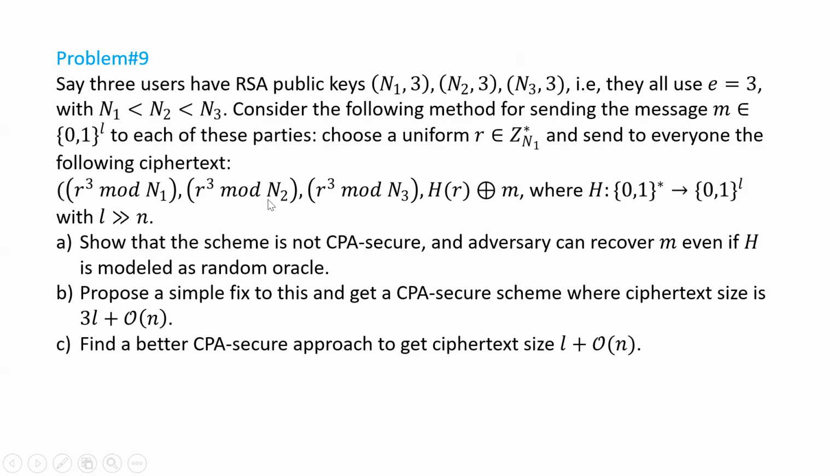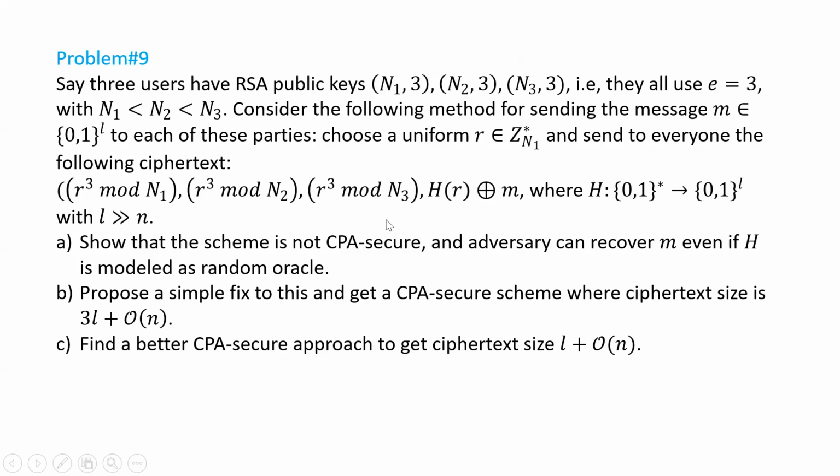So the corresponding p2 and q2 corresponding to n2, and p3 and q3 corresponding to n3, are easily recovered. Of course, some pi will be equal to qi because they are not co-prime.